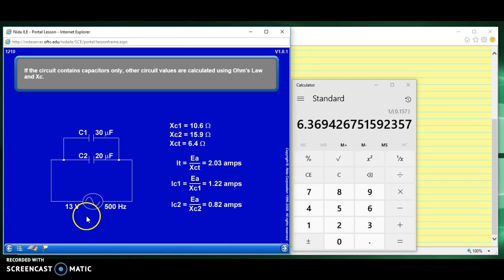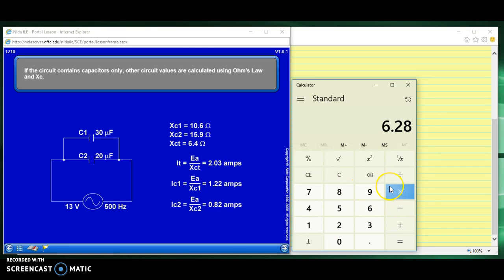So we can work that out. Let's work it out with the calculator and make sure they arrived at the correct values. So let's clear our calculator. We know 2 pi is 6.28 times frequency, which is 500, and we'll do C1 first, times 0.000030, and we know that's right because we moved that decimal 6 places. We're going to hit equals, and then we're going to divide that into 1, 10.6.